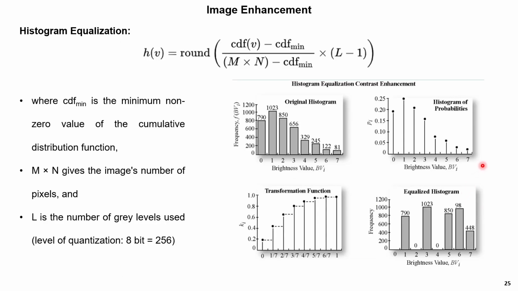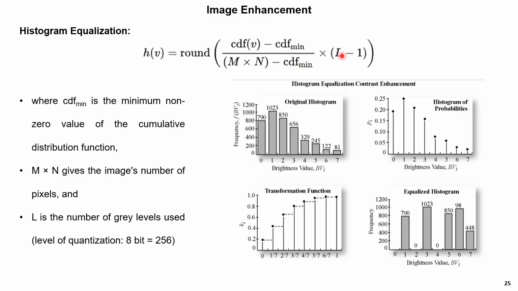To do the histogram equalization, this is the formula that was shown in the video lectures. HV is what we are going to find out, equal to the rounded-off nearest integer of the cumulative probability minus the minimum probability, divided by the number of pixels, M times N, multiplied by L, where L is the level of quantization.